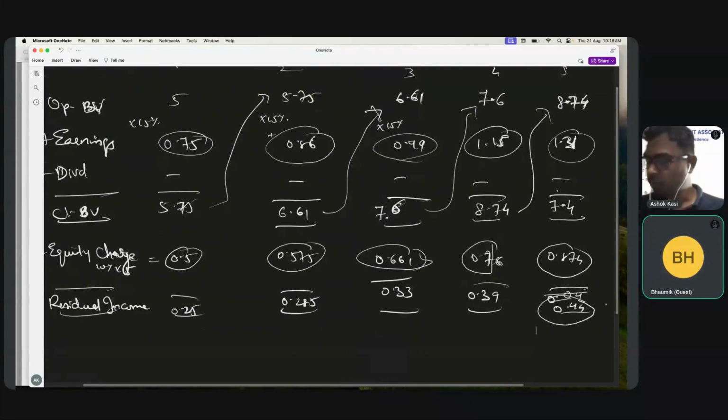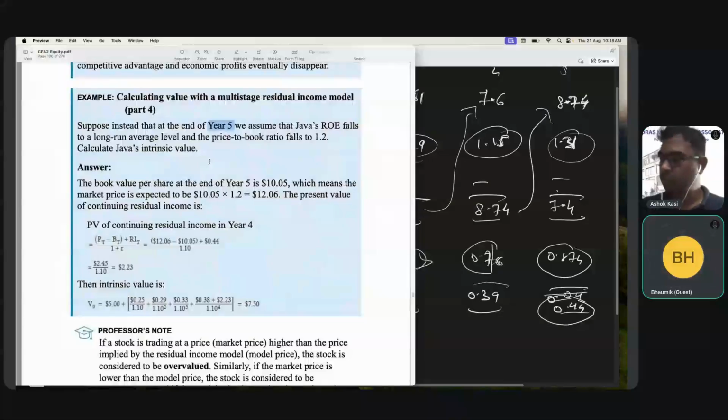Okay, now long run average. At the end of year 5 we assume Java's return on equity falls to a long run average level.